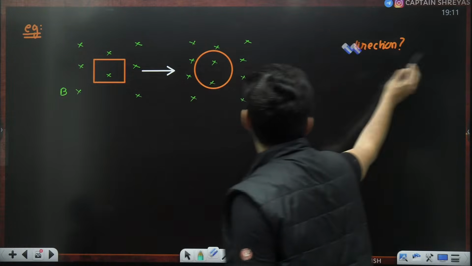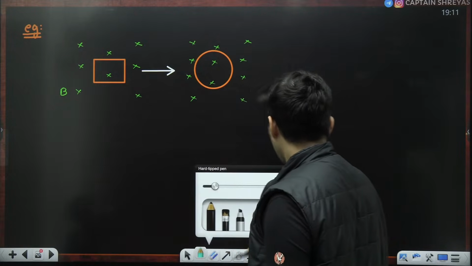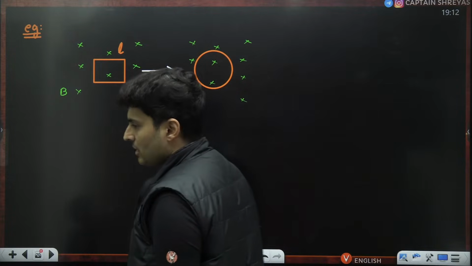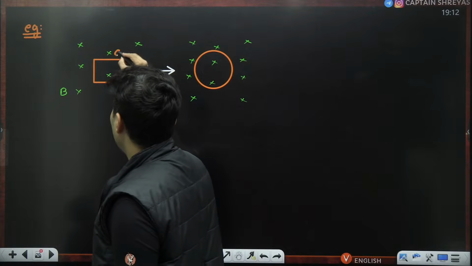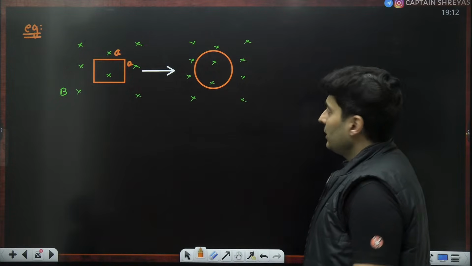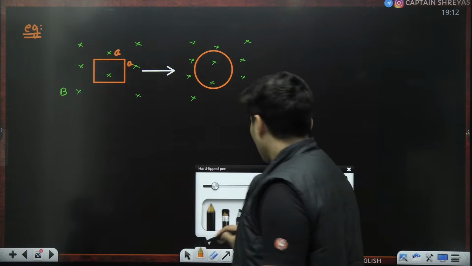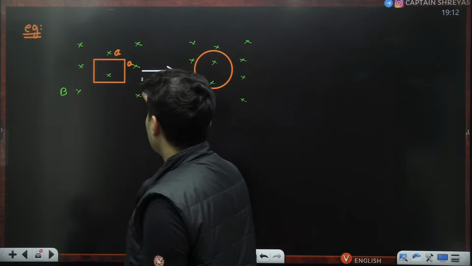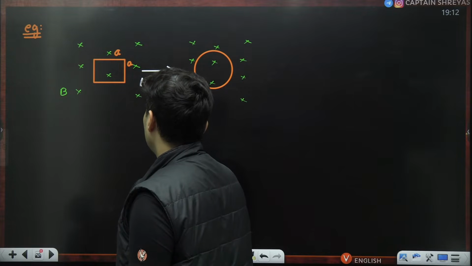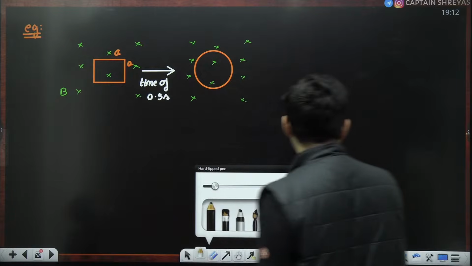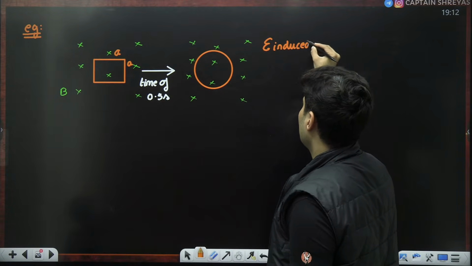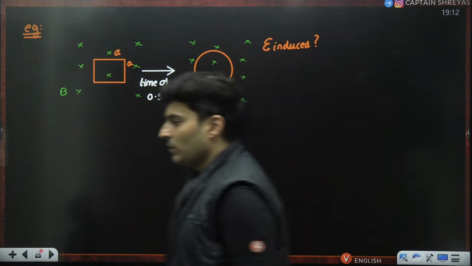Instead of asking you the direction of the induced field, I'll tell you, listen, the wire was having a square of side A. It was turned into a circle in a time of 0.5 seconds. The question is, can you find the magnitude of the induced EMF?